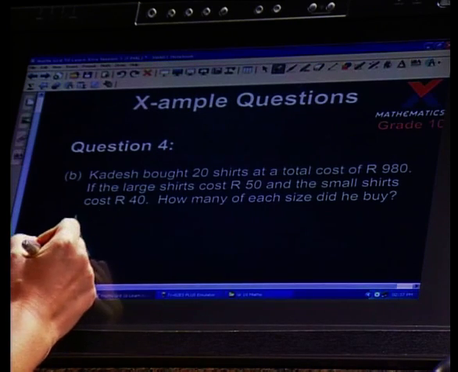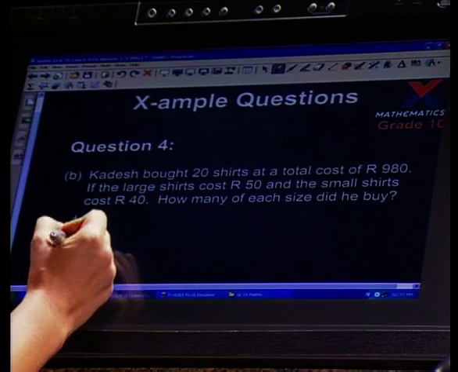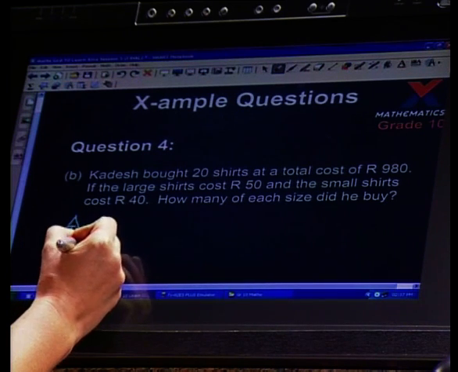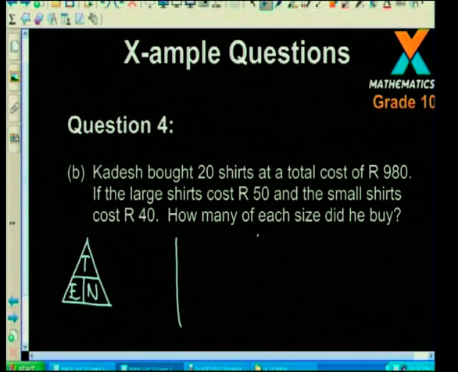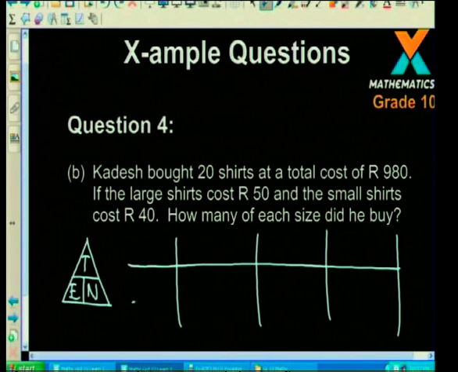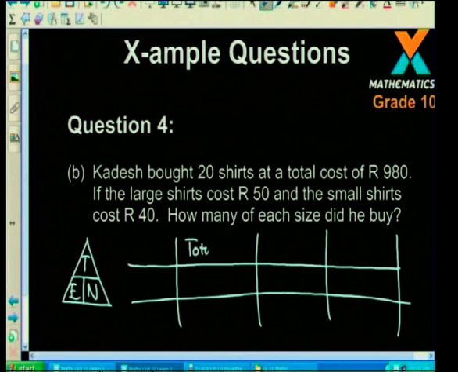So at the top we have the T, then the E and the N, and our table has 3 columns, well 4 if you include the one on the side. Very skew line. Let's redraw that. There we go. And we've got total, we've got each, and number.